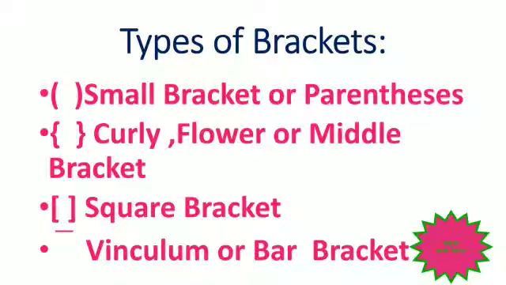Followed by the curly bracket is the square bracket, and the last one is the vinculum or bar bracket. This vinculum or bar bracket is above the numbers. The numbers are written first and above the numbers is a line which shows that there is a bracket to solve those numbers first.